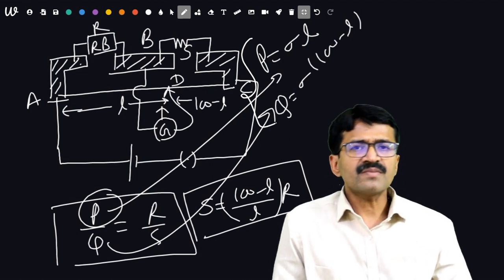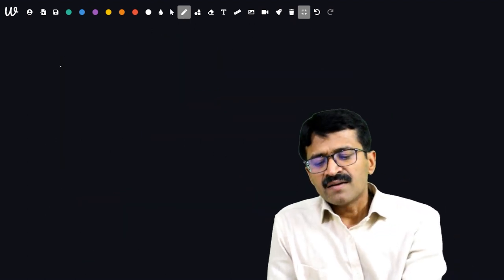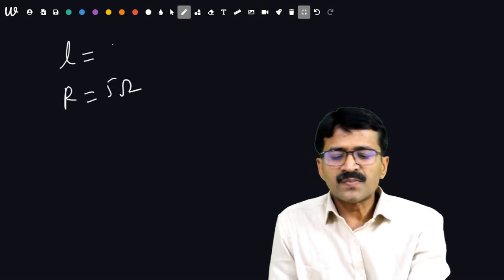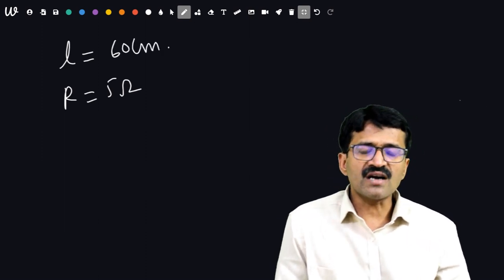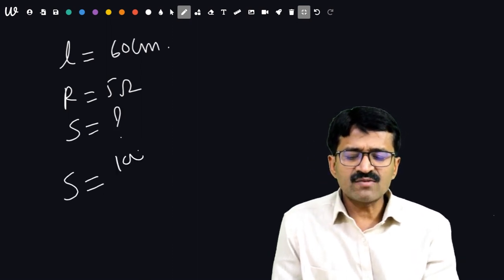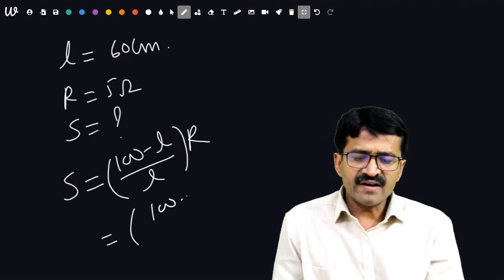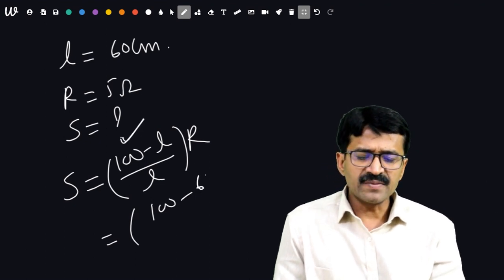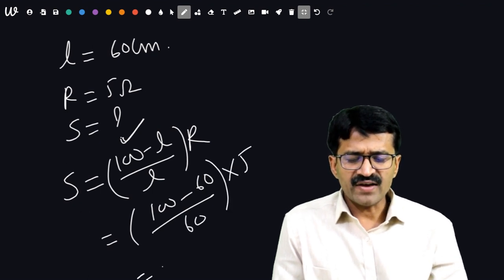The numerical question based upon meter bridge is: if you are given a balancing length of 60 centimeter for a particular resistance of 5 ohm, then find the unknown resistance used in the other gap. I have told you earlier the formula, S is equal to (100 minus L) upon L into R. Then 100 minus 60, you have to take it in centimeters because 100 is in centimeters, upon 60 into R, which is 5.